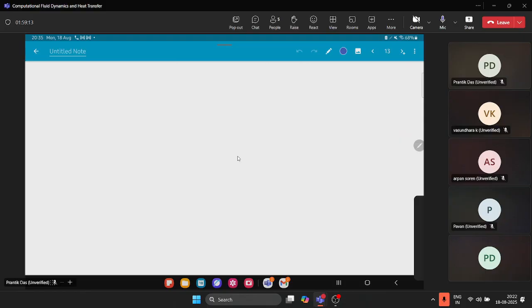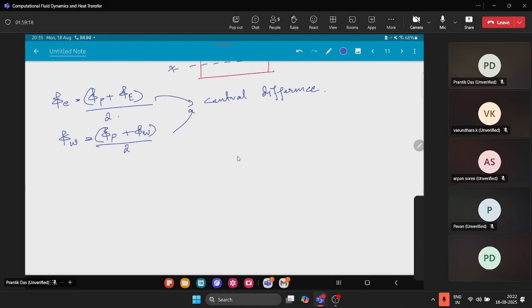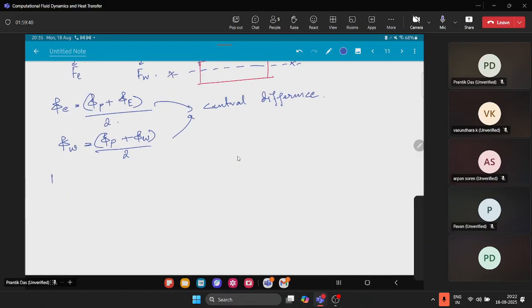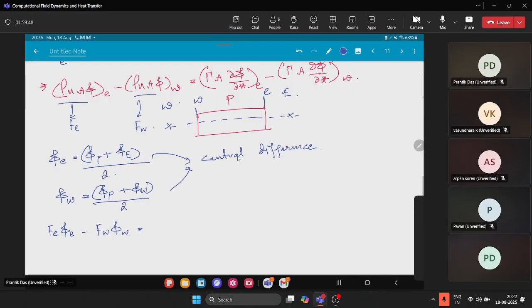And then what I have to do is use that in the convection diffusion problem. So this one becomes your rho u. Let us use some nomenclature in order to make our life easier. So this one I'm considering to be Fe, and this one I'm considering to be Fw. So this becomes Fe phi e minus Fw phi w, okay, equal to gamma a d phi dx.